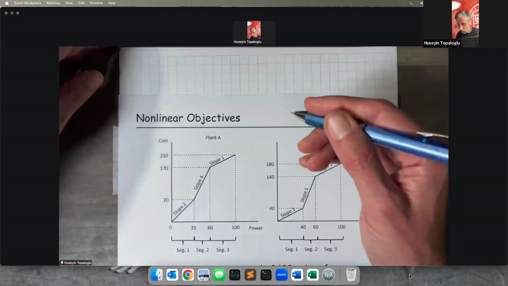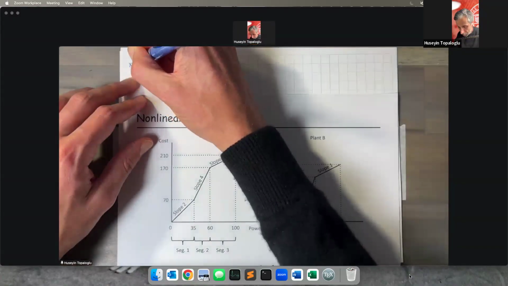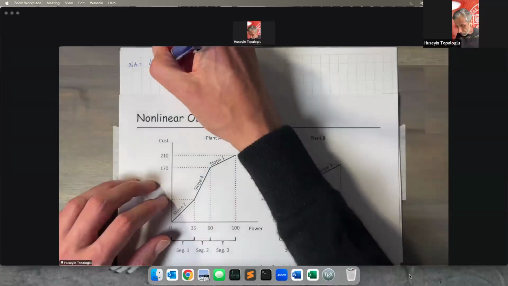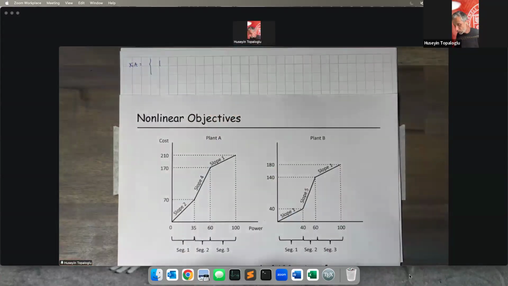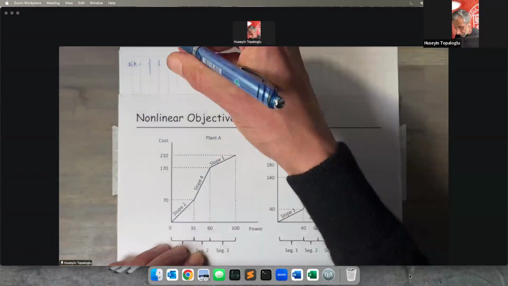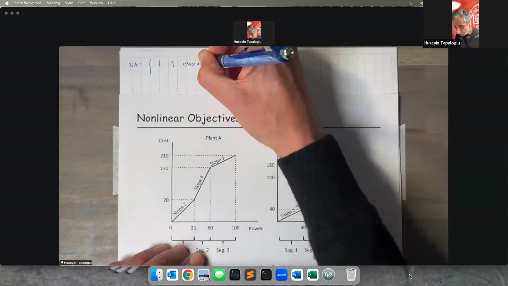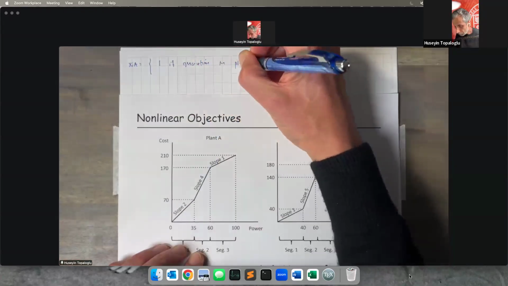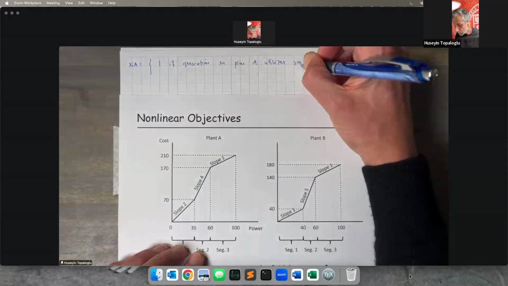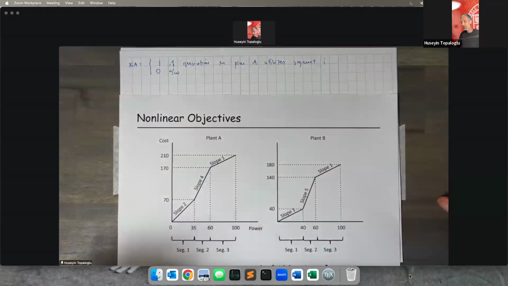Our first decision variable is going to be of the form x_ia. x_ia takes value 1 if the generation in power plant A utilizes segment i. Otherwise, x_ia takes value 0.